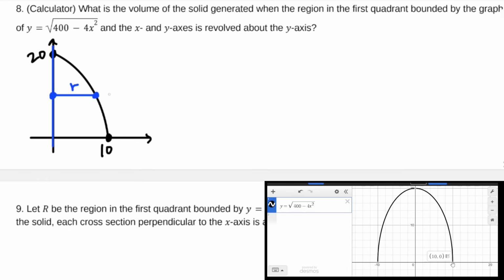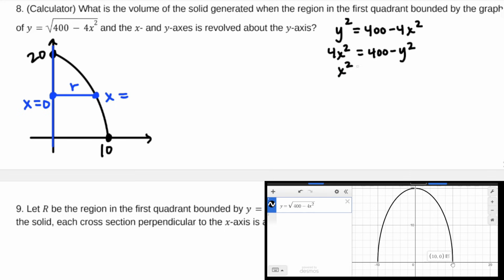Okay, I've got the radius on the right. I'm going to need an equation for x. On the left is the y-axis. That's x equals 0. So I really just need to solve this equation back for x. So y squared equals 400 minus 4x squared. Let's say, maybe add the 4x squared over here and subtract the y squared over to the other side.